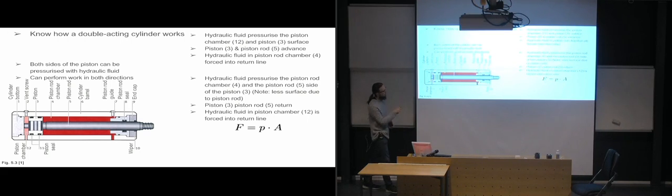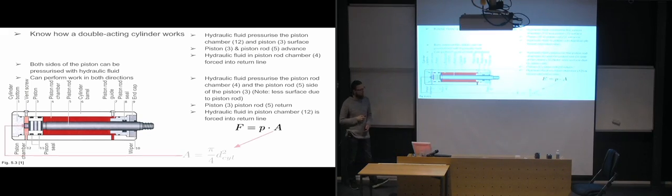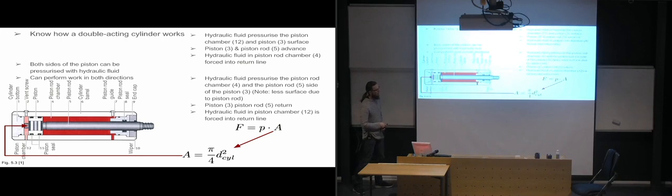So this one, for example, is going to have the full area of the piston affected by the pressure. So our force will be equal to pressure times the full piston diameter area, so over there. But if we go to the other side here, we have the entire piston rod that's basically just in the way, so we can't get access to that part of the area.